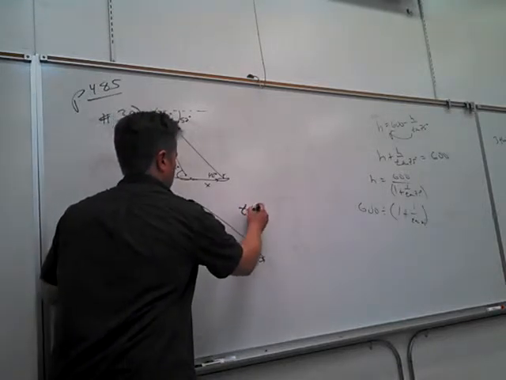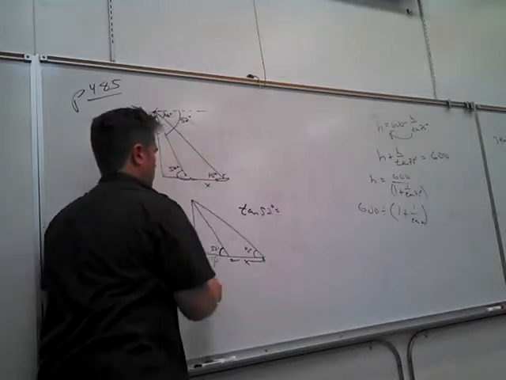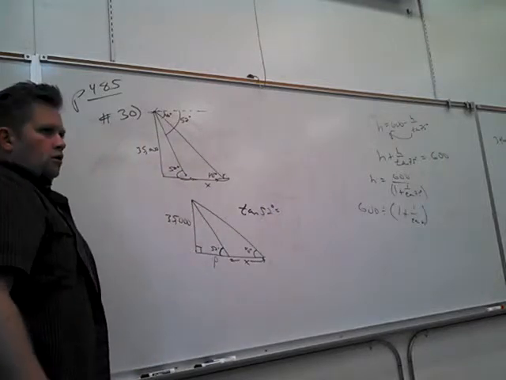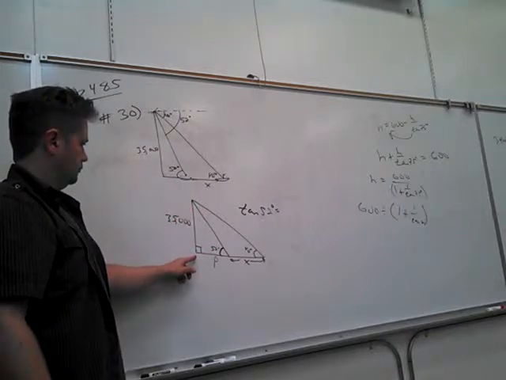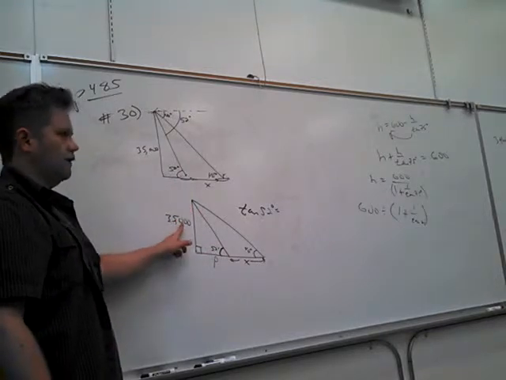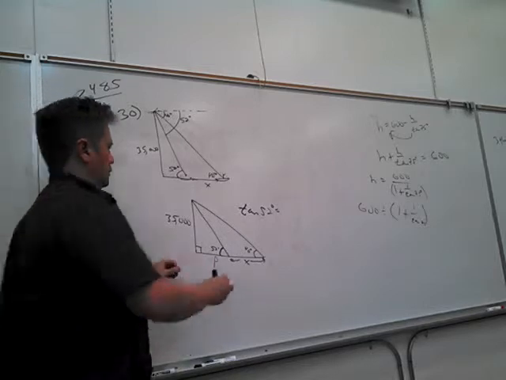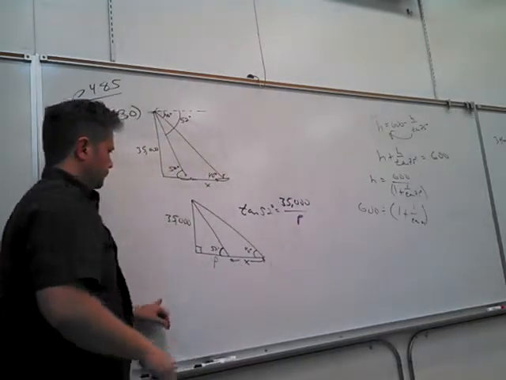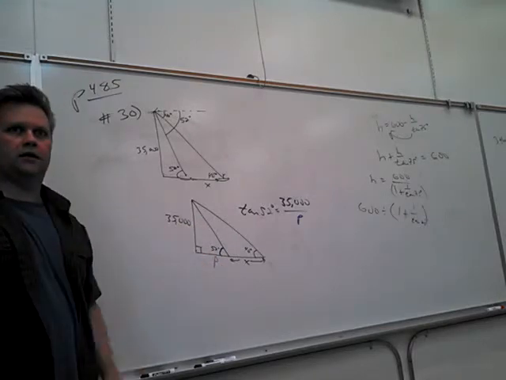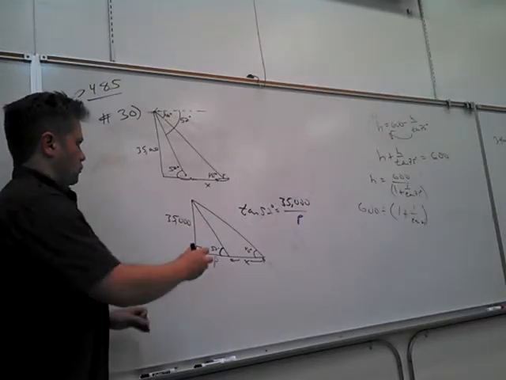The tangent of 52. Careful now, I'm looking at the little triangle here, right? The little right triangle? So it's like this one or that one? Yeah, tangent of 52 equals 35,000 over X, Y over X. The Y side over the X side, let me say it like that. That's one equation I can use.